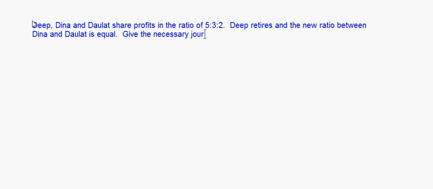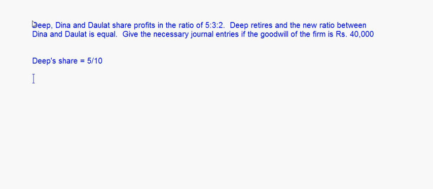Give the necessary journal entries if the goodwill of the firm is rupees 40,000. Now look at this. Deep retires. So what is Deep's share? Deep's share is 5 divided by 10. The new share of the continuing partners is given as 1:1. Now find out the gaining ratio.